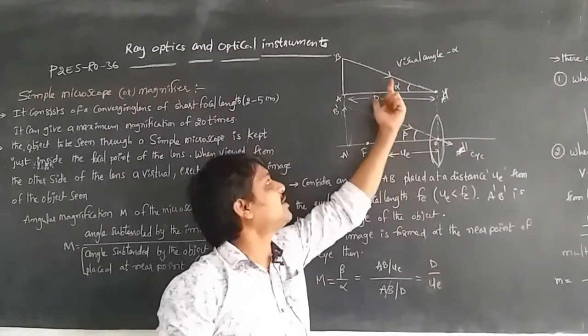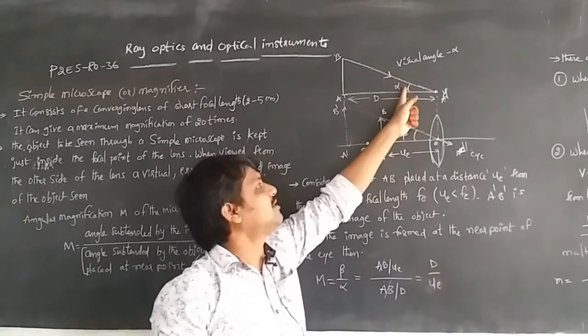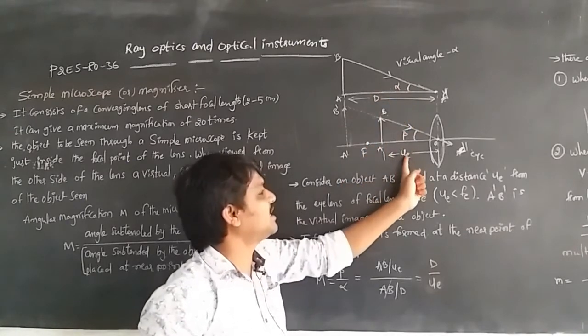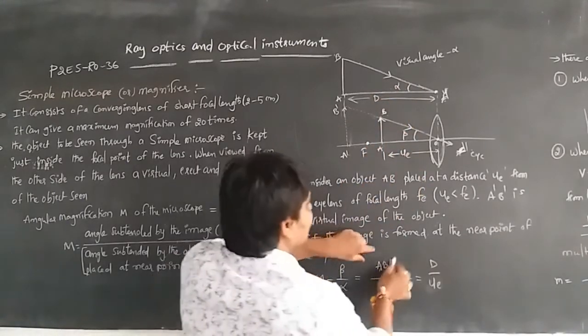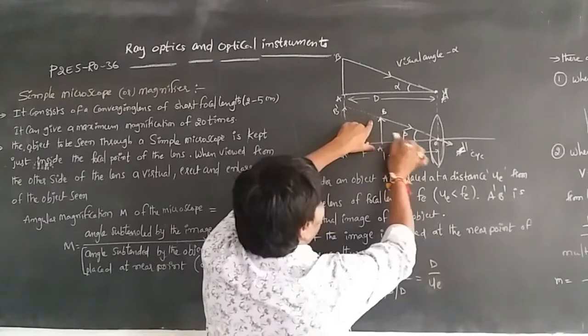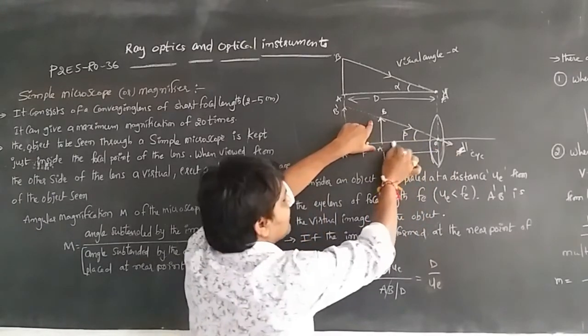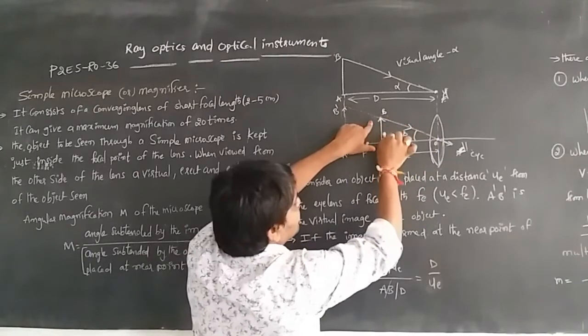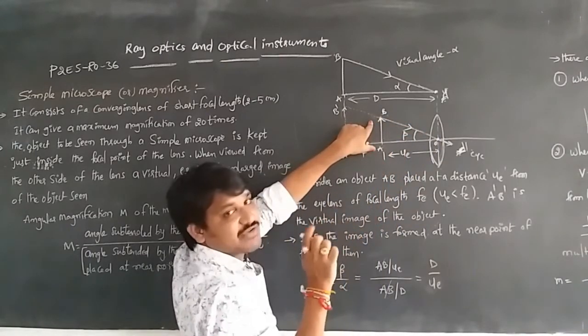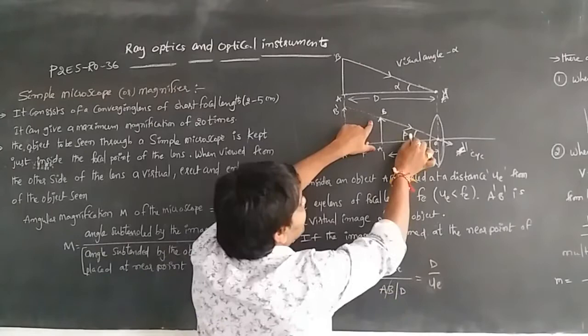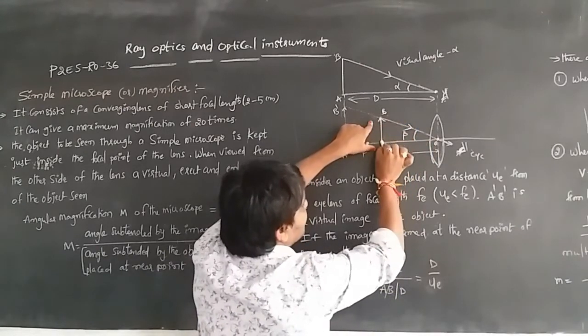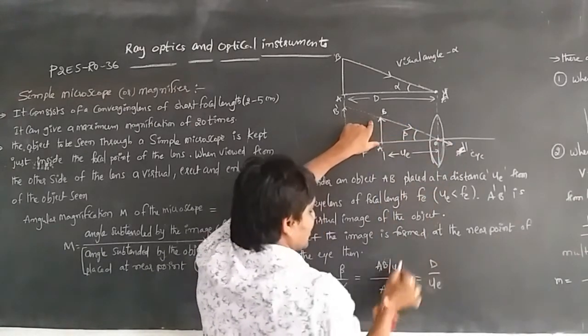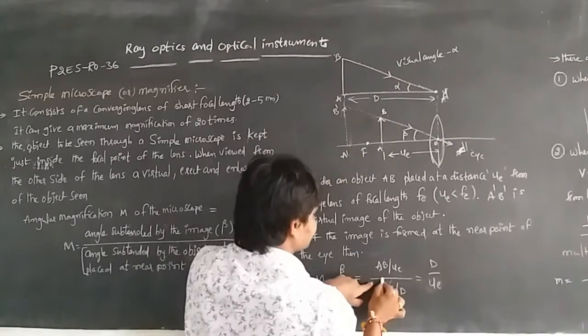So beta is equal to AB by u_e, taking tangents since the angles are very small, opposite AB by adjacent u_e.